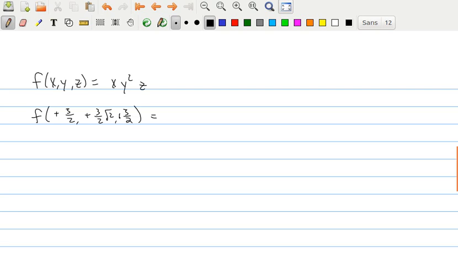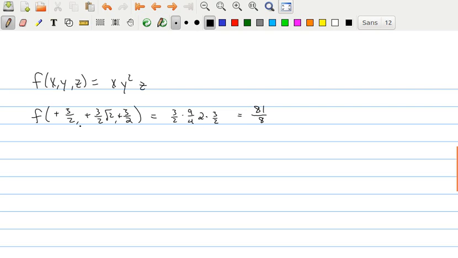Right, and these are all positive numbers. Now if we plug these in, we've got 3 halves for x. We've got 9 fourths times 2 for the y, and then 3 halves for the z. We multiply these out. We multiply all the tops together, we've got 81. We multiply the bottoms together, and we've got 8. So this gives us 81 over 8.